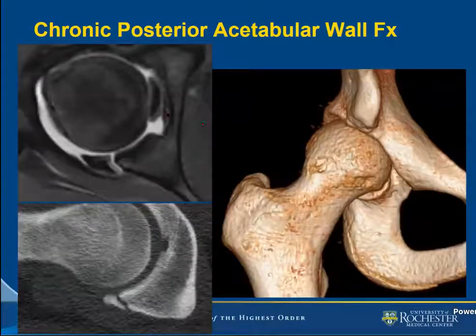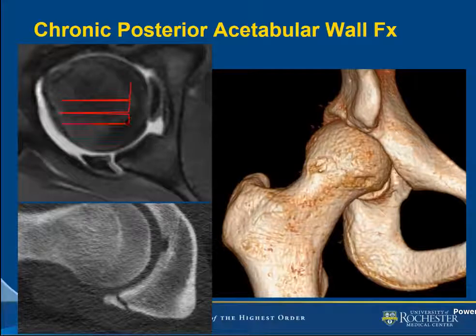Another interesting phenomenon: in patients with cam deformities, when the cam deformity collides with the anterosuperior acetabulum, it can act as a fulcrum and drive the femoral head in a backwards direction. And this could result in either cartilage injury or bony injury to the posterosuperior acetabulum. And this is referred to as a contre-coup injury because of the cam deformity kind of anchoring on the acetabulum, driving the femoral head backwards.